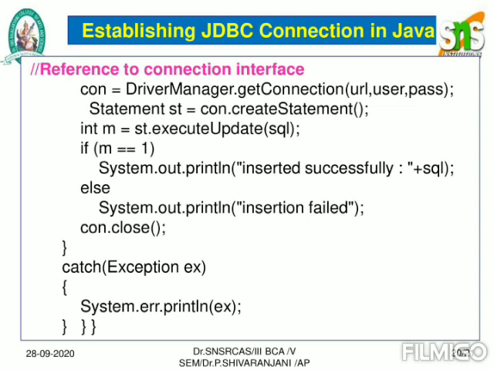If it is equal to 1, then the value is inserted into the database successfully. Otherwise, the insertion has failed. Now I'm closing the connections. All of this will be inside your try block, and the catch block will throw some kind of exception if there is any error in the connection establishment.